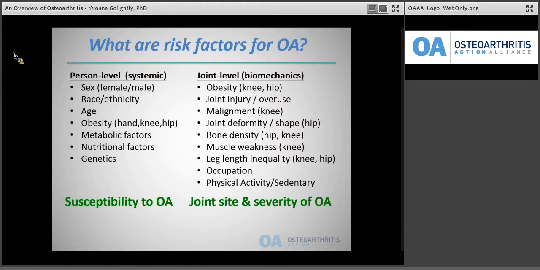What the joint-level factors do is contribute to where one develops their osteoarthritis, which joint site, and how severe their disease is. So the factors I'm going to talk about the most in the next couple of slides are the ones I've indicated here in these red boxes.